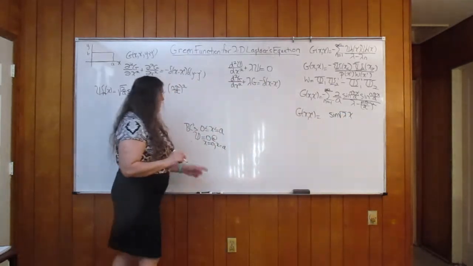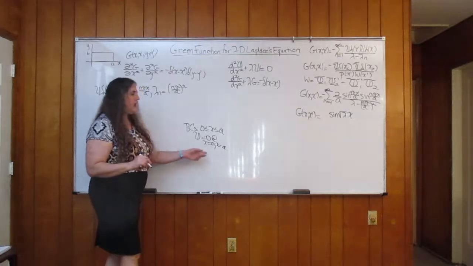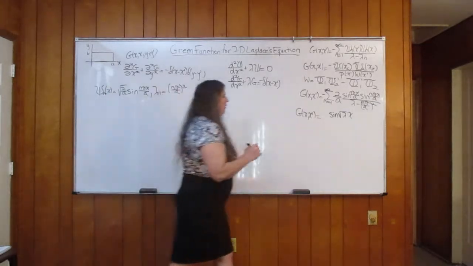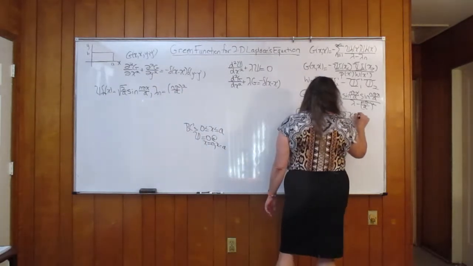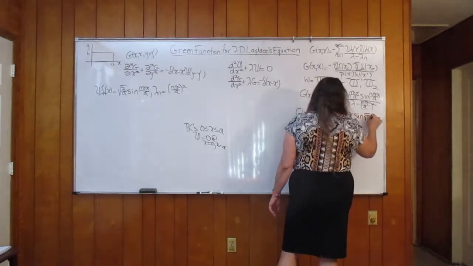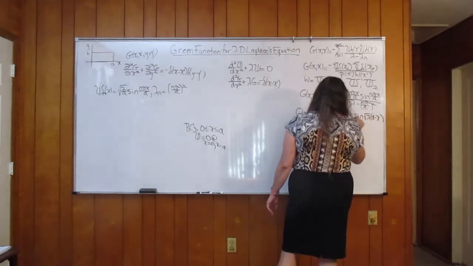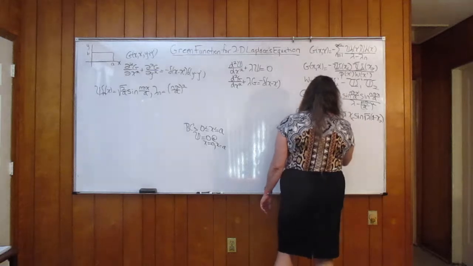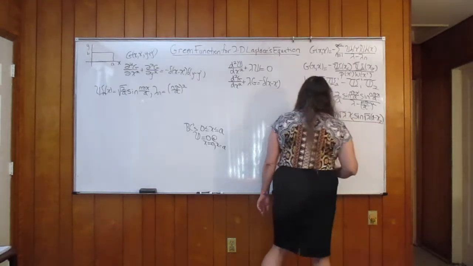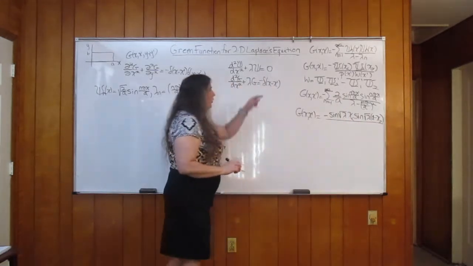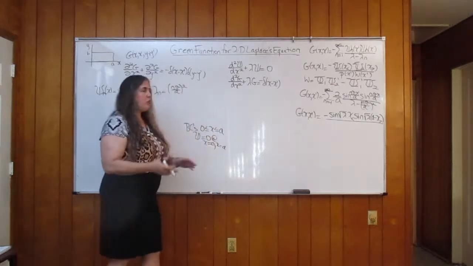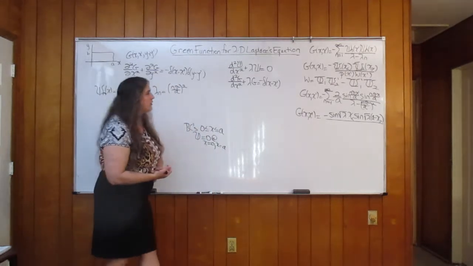Now the second function has to vanish at x equals a. So a different choice would be sine square root of lambda times a minus x. And this should be x less than, and this is x greater than. And a minus sign out in front. It's also over p of x, but that's just equal to 1 for the equations that we are investigating.